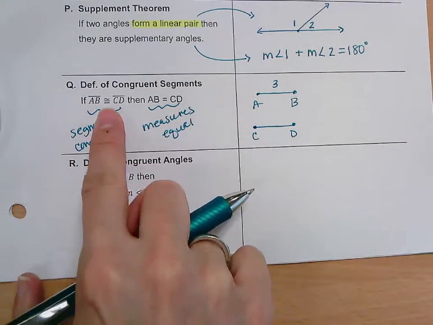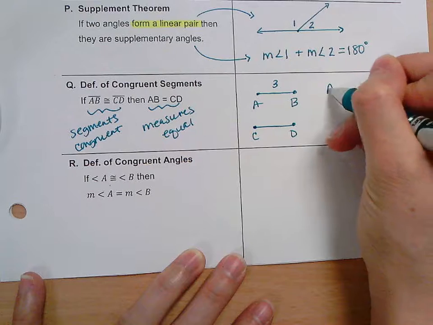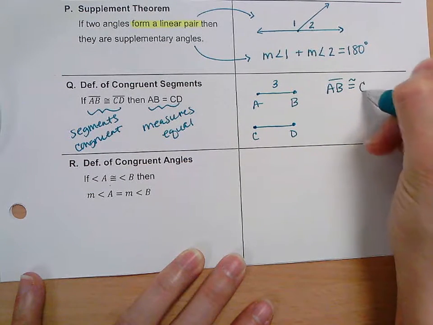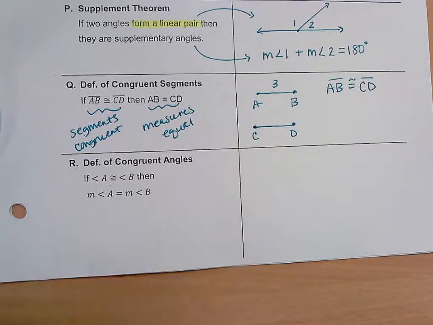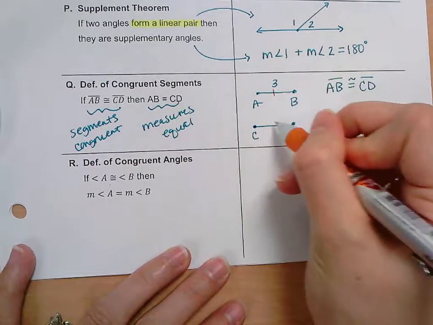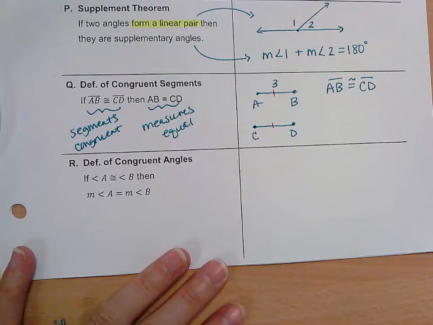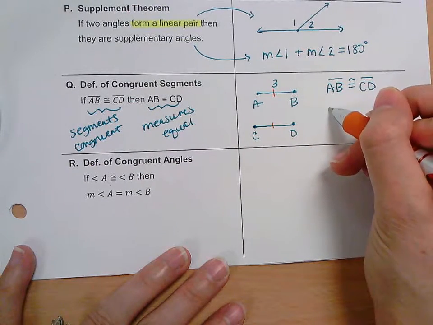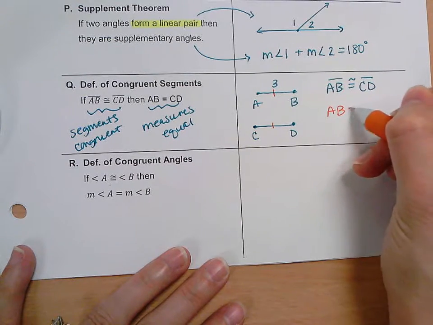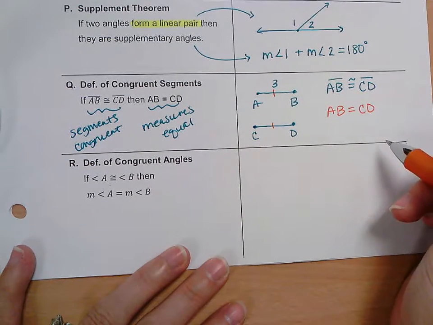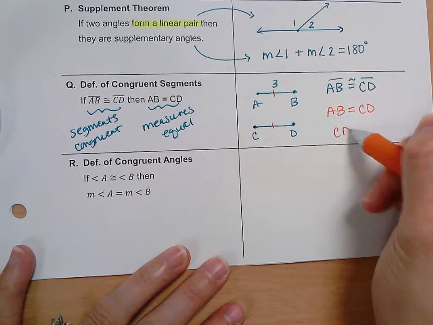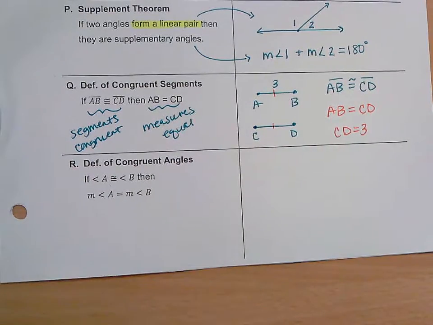If I'm given segment AB is congruent to segment CD, then I know these are congruent, so therefore the measure of AB should equal the measure of CD, and the measure of AB is 3, so CD must also be 3. That's how I can come to a conclusion.